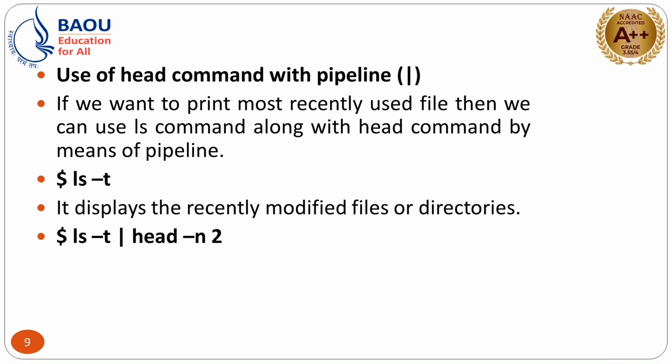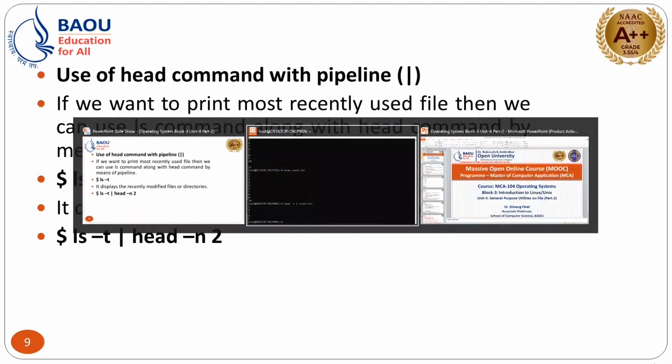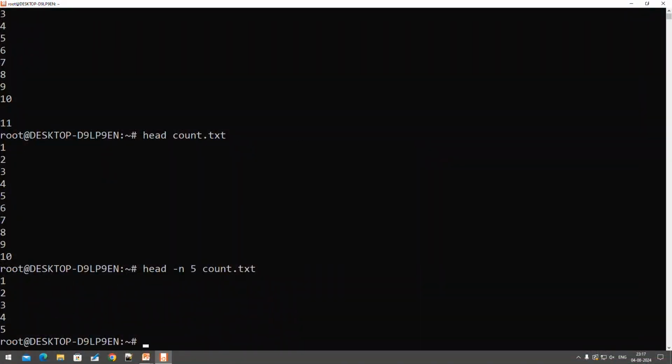In that case you use the option n and 2, because you require only the 2 latest files. So first of all you use the ls command, so it will list all the files in their modification time order. We are not requiring all those files, we are requiring just 2. So we use the pipeline symbol, and then head, then option n and 2, right. The same thing we will see practically. First of all, I am clearing the screen.